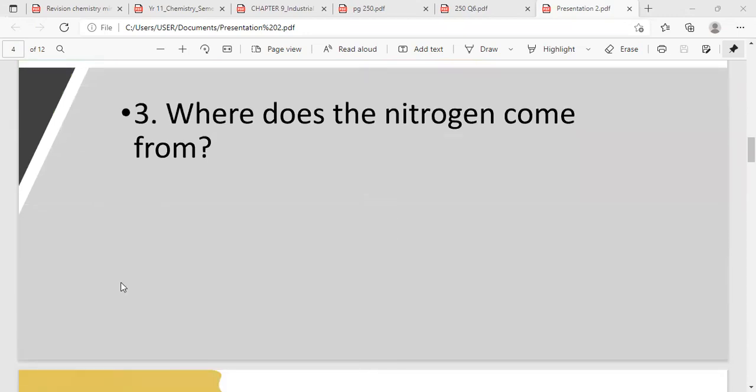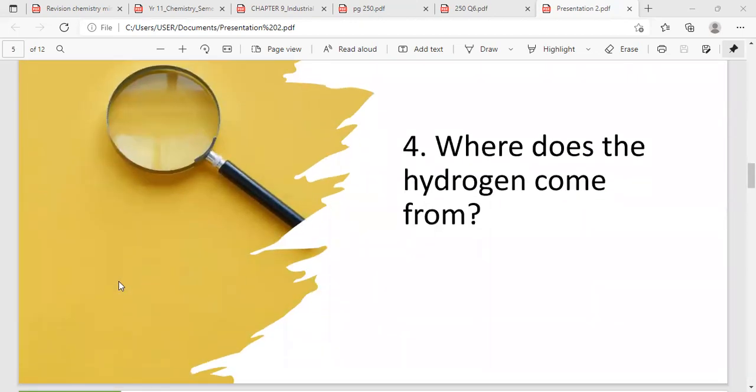Moving on, question number 3. Where does the nitrogen come from? For the Haber process, where does the nitrogen come from? Anyone? The nitrogen comes from the air. Correct. Good. Where does the hydrogen come from?